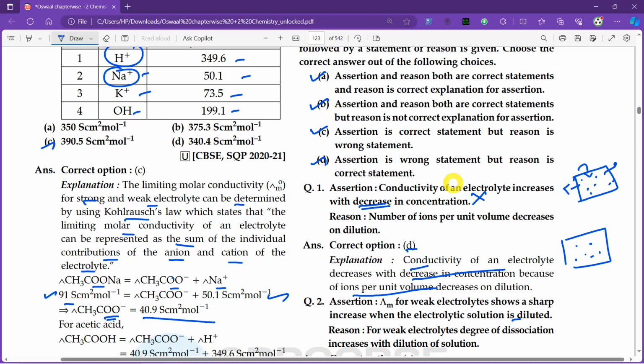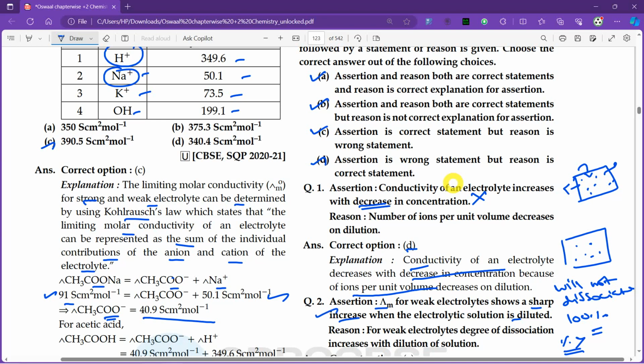Let me write here: will not dissociate 100%, right? So that we call weak electrolyte. Then if we add water when it is diluted, the percentage of dissociation increases, so that the molar conductivity shows a sharp increase, right? So this is right.